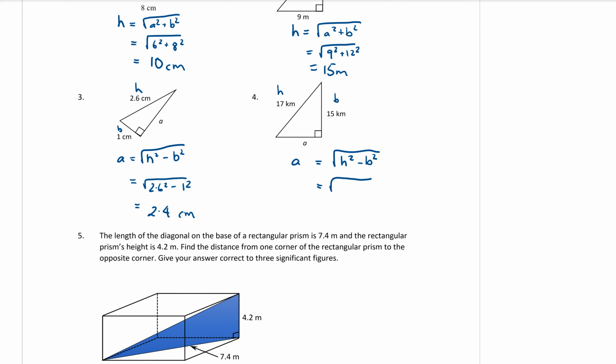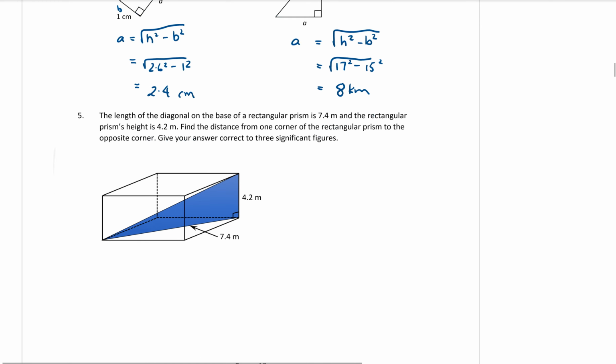Okay, so when you're finding the shorter side, it's very important that you put them in correctly. If you don't, you're soon going to know, because you're going to get a negative number under that square root sign, which you won't be able to get an answer for. So you're going to know if you put them in the wrong way. So that's 8 kilometres. Okay, hopefully you guys are pretty comfortable with that.